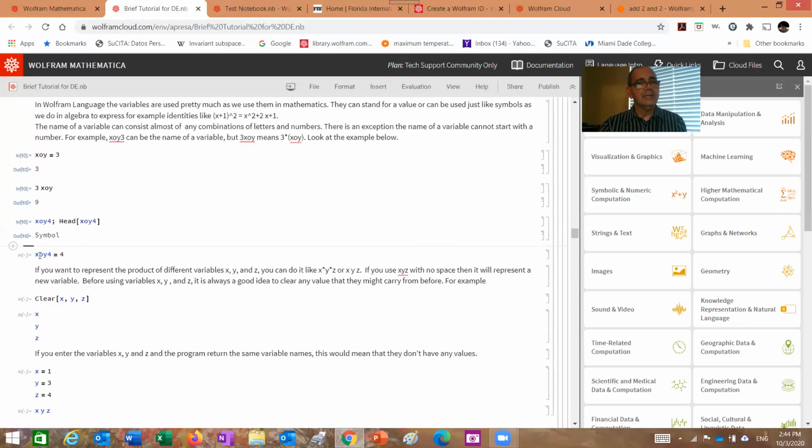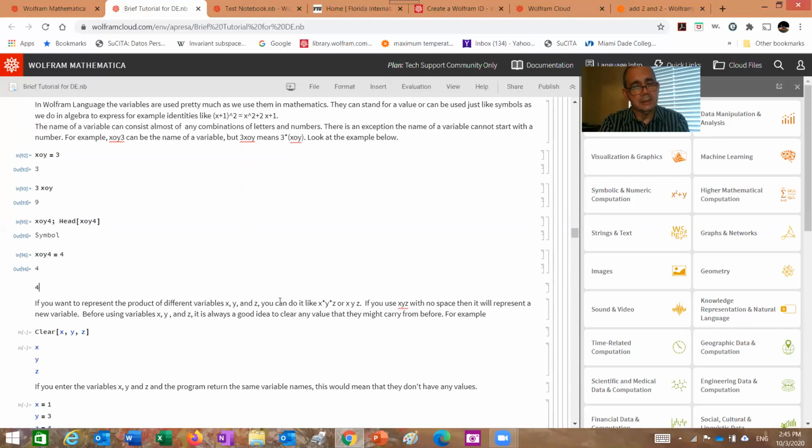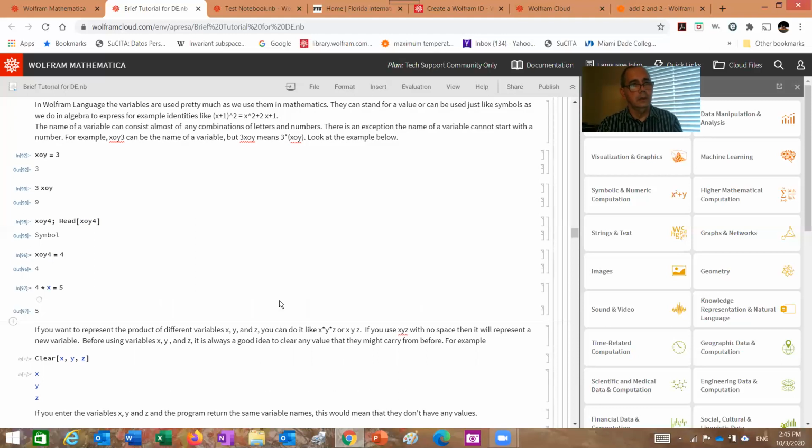But if you make this variable equal to 4, you are going to see that it returns 4. And then when you have a multiplication, let's say 4 times 6, you cannot make it equal to a number. You cannot make it equal to 5 because it's going to return an error message. It says tag Times in 4 times 6 is protected.